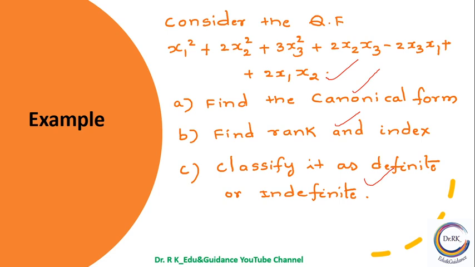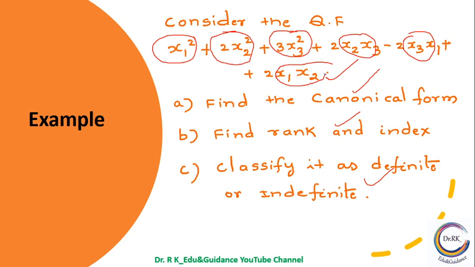If they give something, we cannot just try. Is it a quadratic form or not? That is the first question. So is it homogeneous or not? Here every term has degree 2, so that means it is homogeneous.